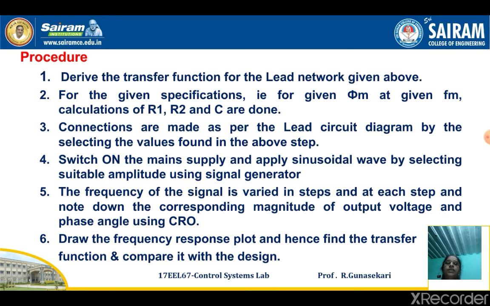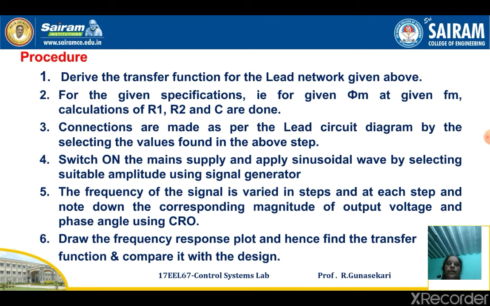Then the frequency of the signal is varied in steps, and at each step note down the corresponding magnitude of the output voltage V0 and phase angle phi using the CRO. Then draw the frequency response plot, find the transfer function and compare it with the design.